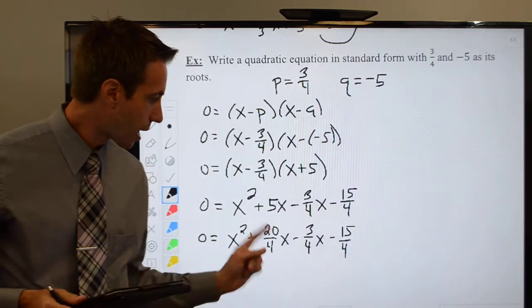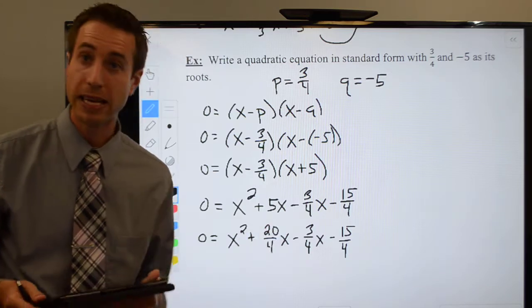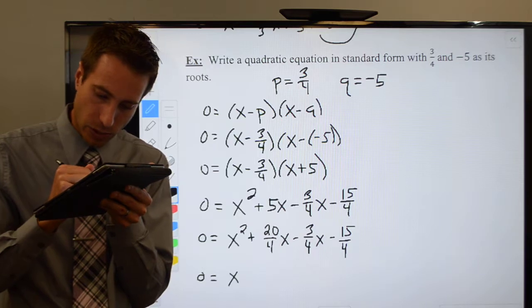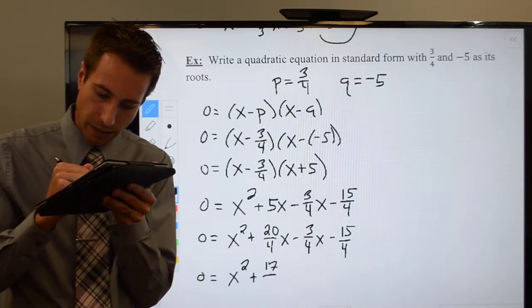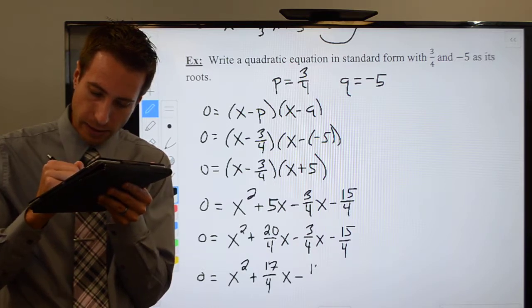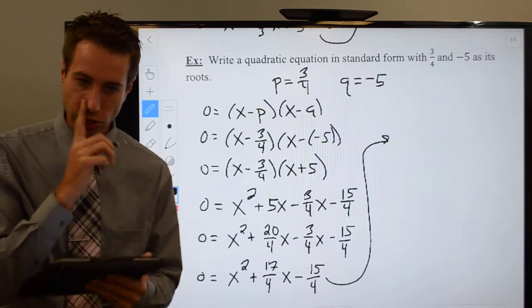Okay, awesome. Combine my fractions now. 20 minus 3 would be 17/4. So 0 is equal to x squared plus 17/4 x minus 15/4. Let me come up over here just to finish this guy off for you.